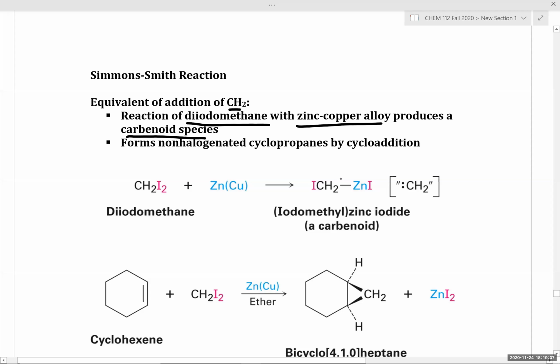So this can be functionally viewed as the following carbene. The zinc copper alloy is essentially activating one of our carbon iodine bonds, and in turn helps facilitate breaking one of our carbon iodine bonds.